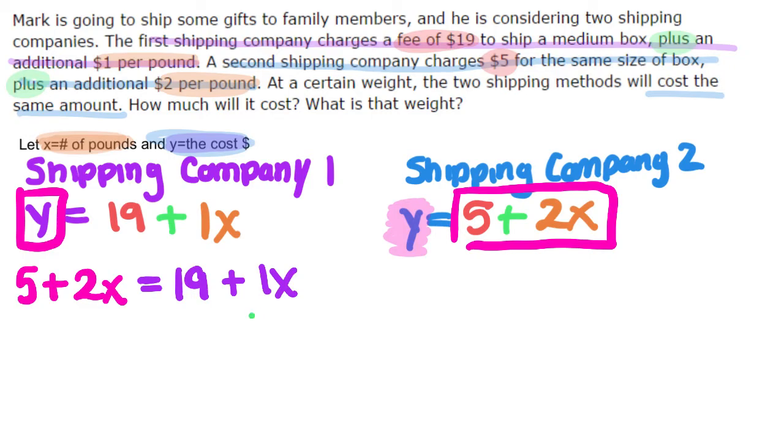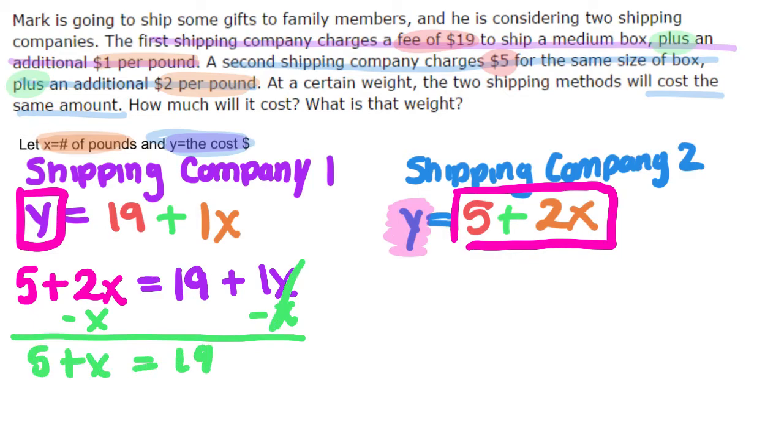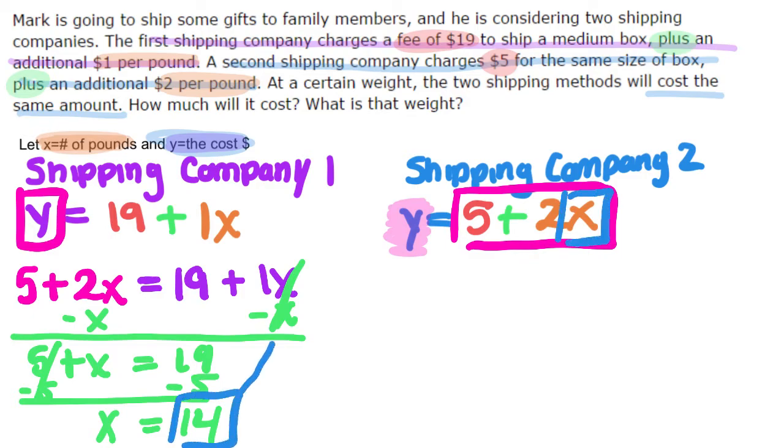Now if I solve like I would for any other equation, I would have to bring all the x's to one side, so I'm going to subtract x from both sides. So this cancels, so I get 5 plus x equals 19. And then I'd have to subtract 5 from both sides to get the x totally by itself. So I would get x is equal to 14. Now I'm going to take this value of 14 and plug it in for x in our original equation.